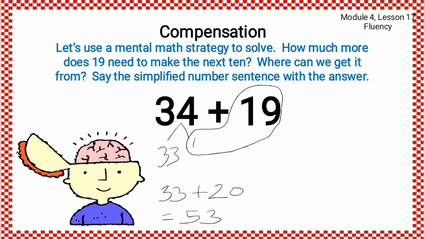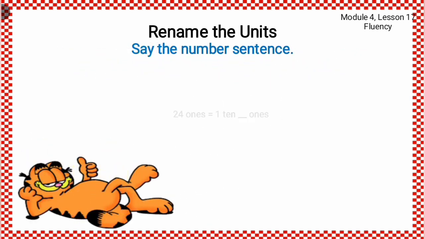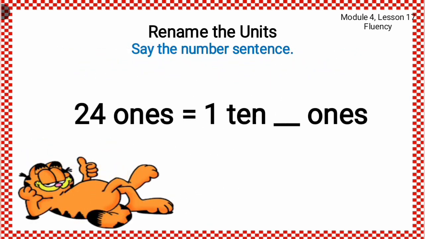So 33 plus 20 drops us at 53. The compensation strategy is one of the smoothest ways for mental maths. You pull a number and use it to make up a 10 on the other side, and then you easily add up. Okay?